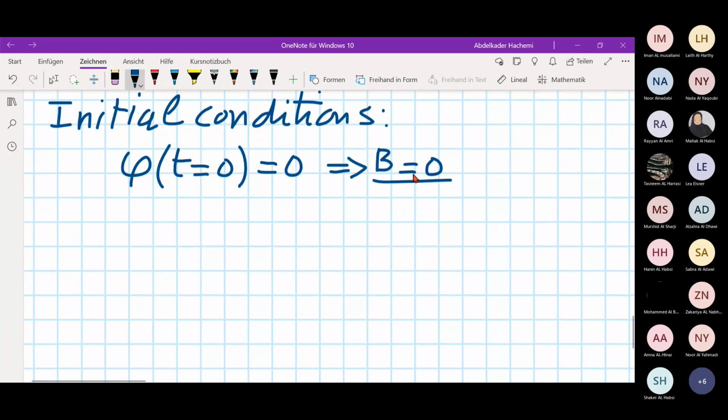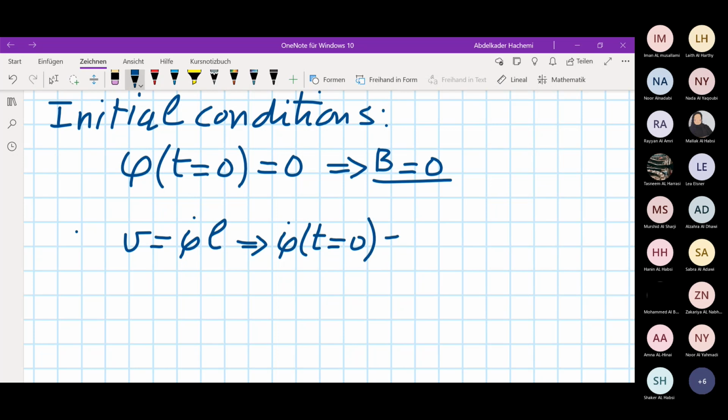From the kinematic equation, v is only phi dot multiplied by L. Here we have phi dot at time t equal to 0, which is the initial condition.